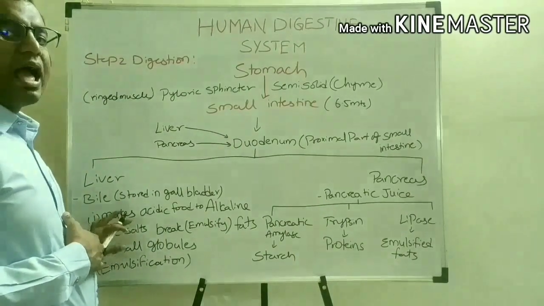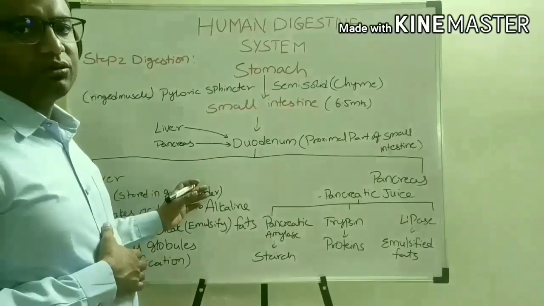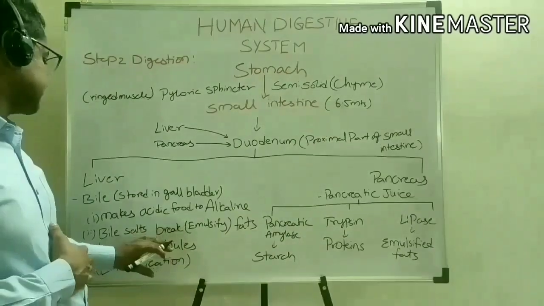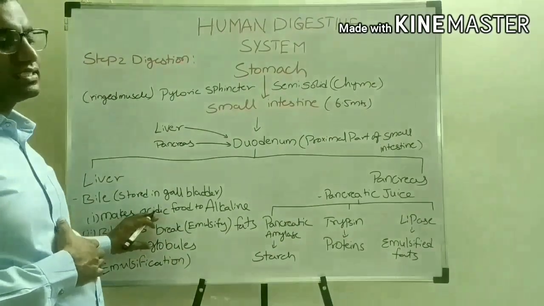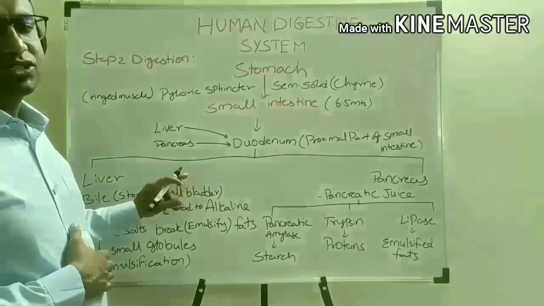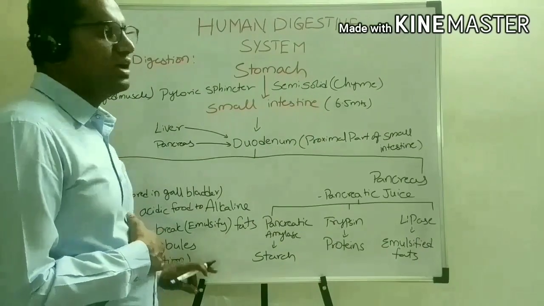Bile salts emulsify fats. Emulsify is nothing but breaking down of the fats into small globule-like structures. This process of breaking down the fats into small globule-like structure is known as emulsification.